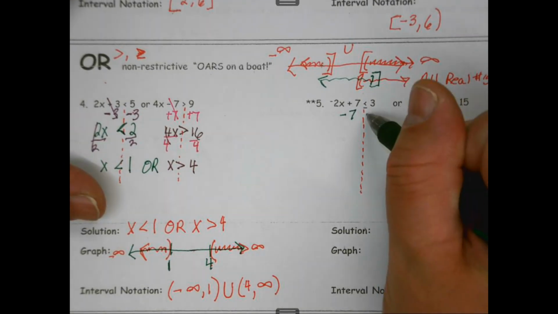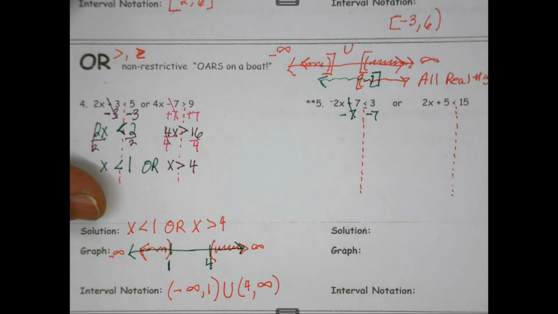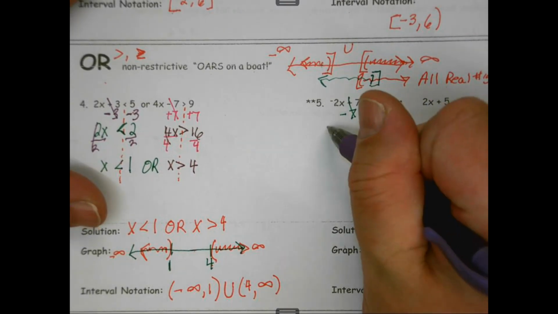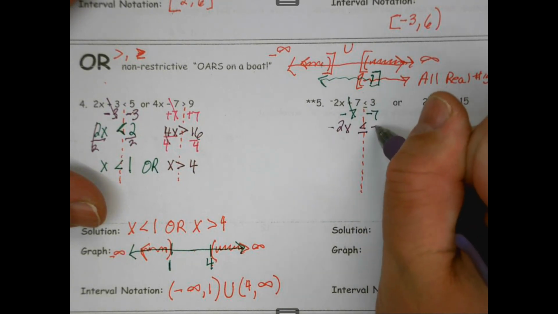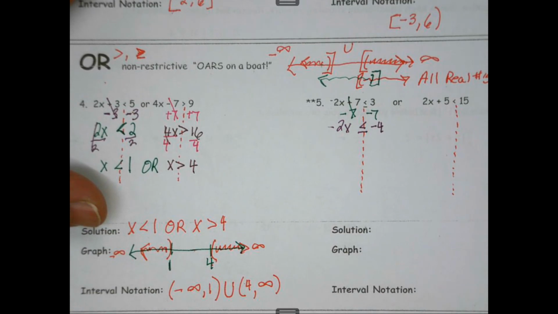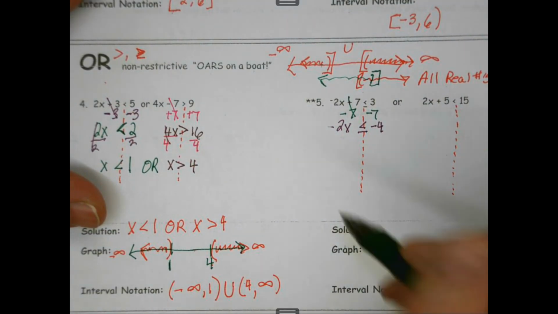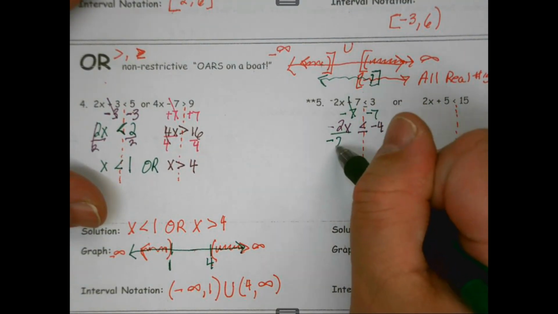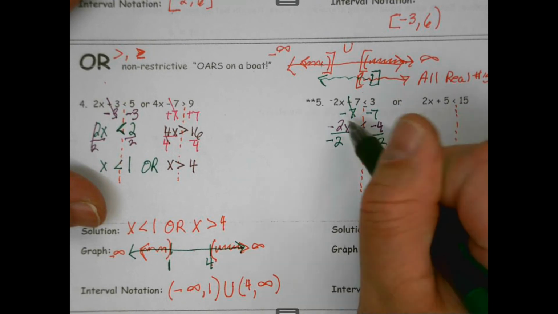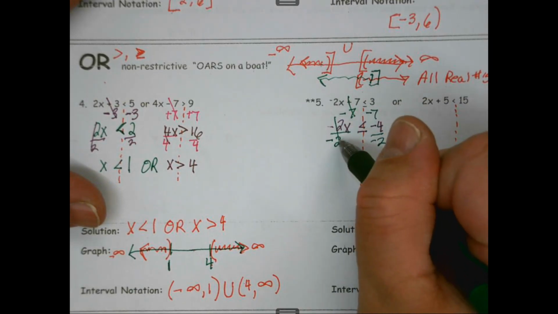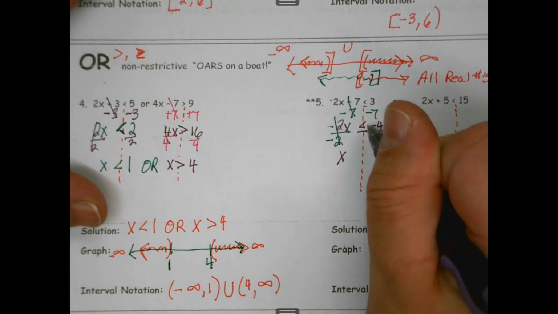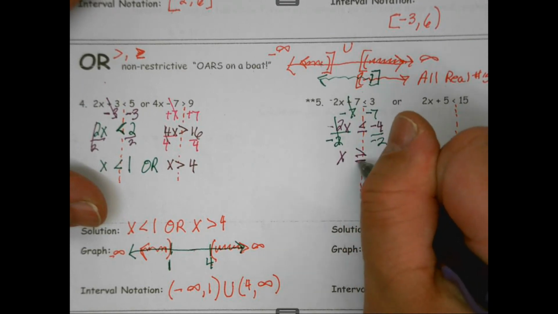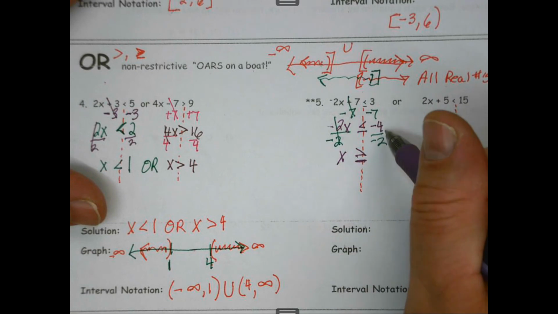Because I divided by a negative number, I have to flip my inequality sign. Negative 4 divided by negative 2 is positive 2. Subtract 5. Subtract 5. I get positive 2x is less than 10.